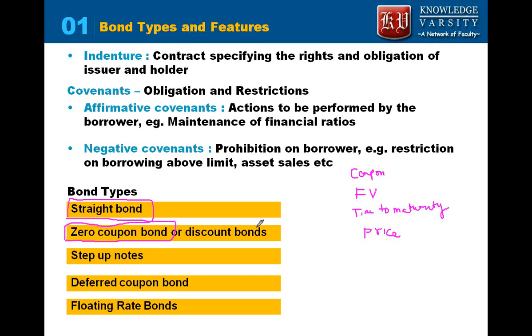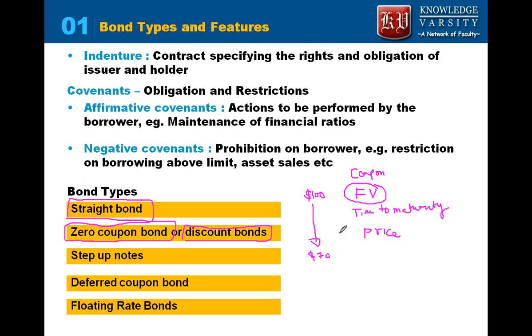These bonds are also called discount bonds because they are issued to the investor at a discount to the face value. Let's say the face value of a zero coupon bond is $100. It would be issued at a price lesser than this 100, so it can be issued at $70.